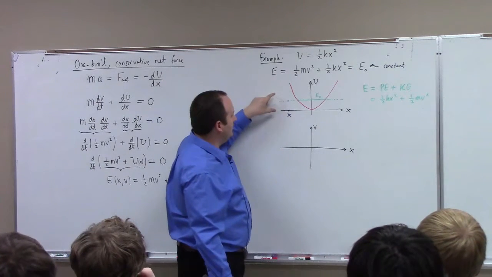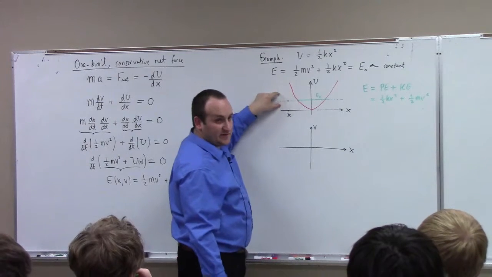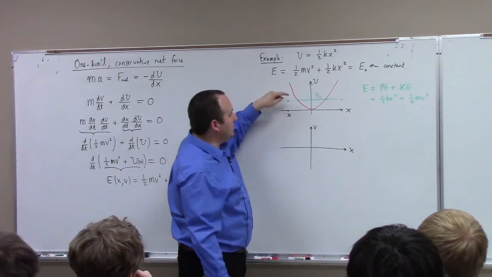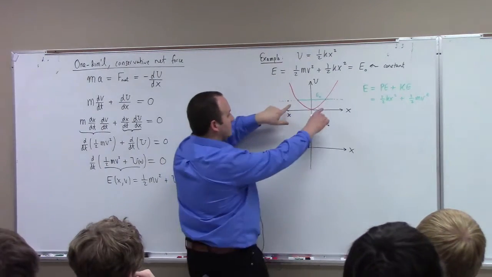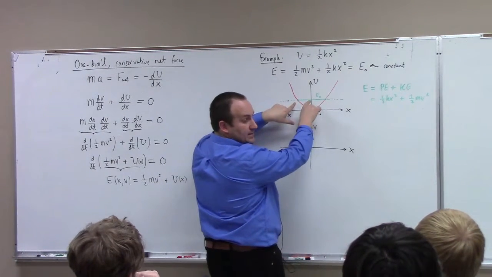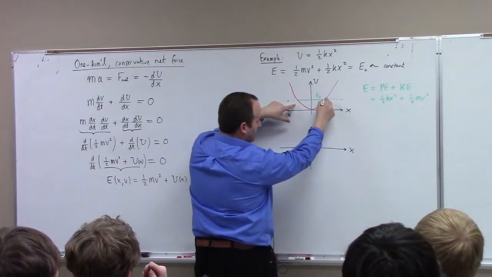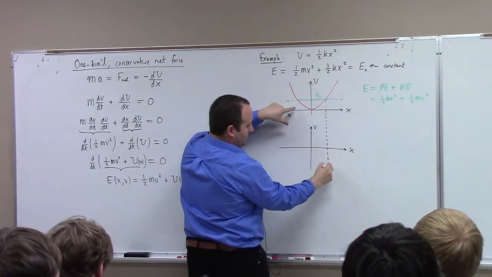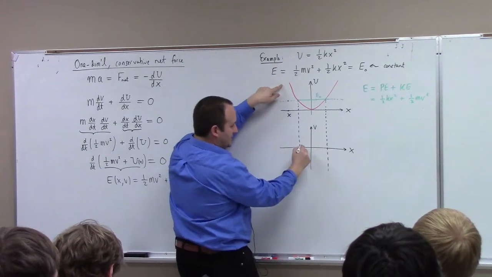Anyway, it simply is impossible to have this. What does that mean? That means that if the total energy is E naught, the motion is stuck right in here. Now that corresponds down here. Where do these points go to? These points go down here, like this and like that.